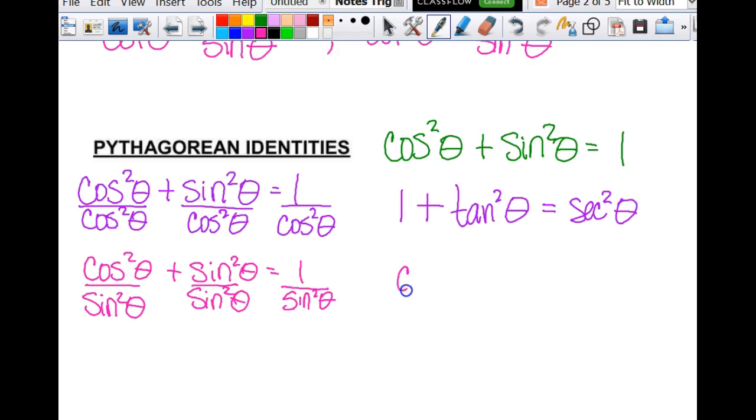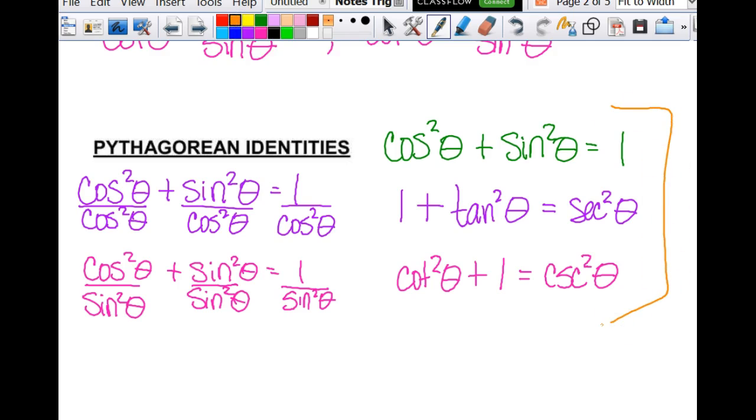Cotangent. So this is going to be cotangent squared theta plus what? 1 equals what? Cosecant squared theta. So these two things that we wrote here were just work to help us get to that point. These are your 3 Pythagorean identities.